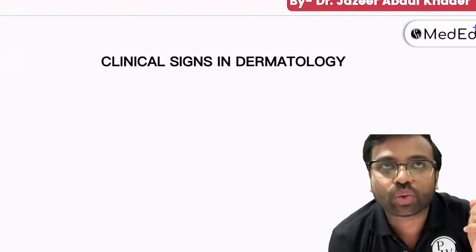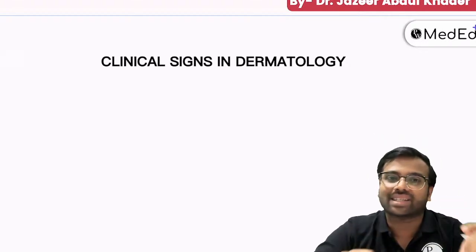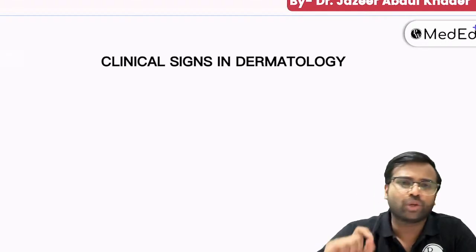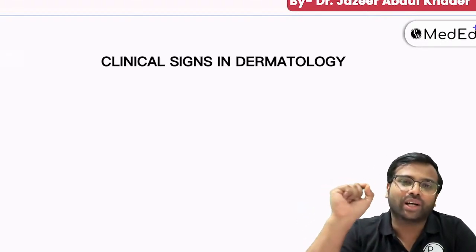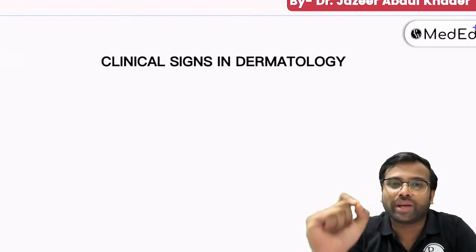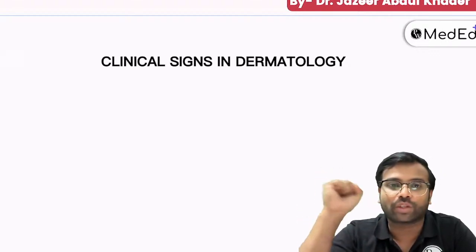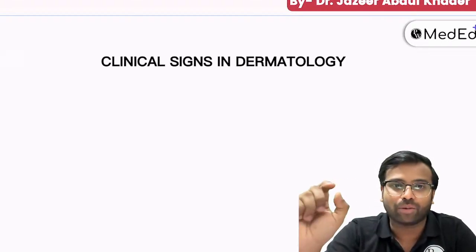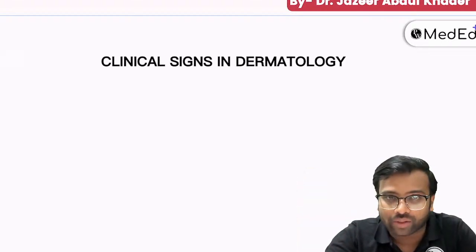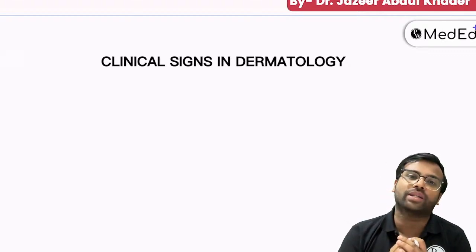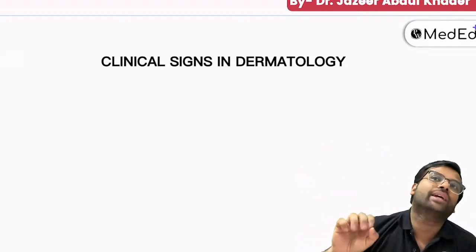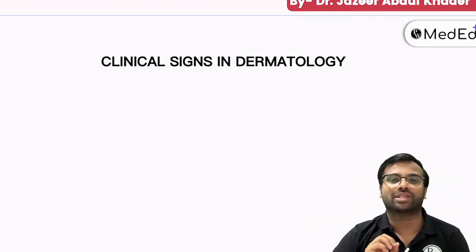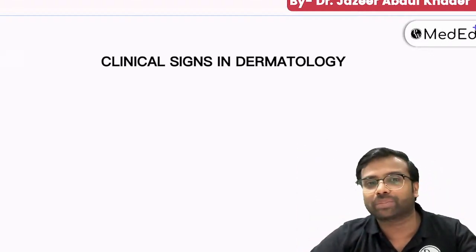Now, why did I choose this topic, clinical science in dermatology? Because when you are becoming a physician, a clinician, you should have the skill of very good observation, isn't it? You should be a very good observer. Only then will you be able to understand that this finding can be related to this disease, and that finding to that disease.